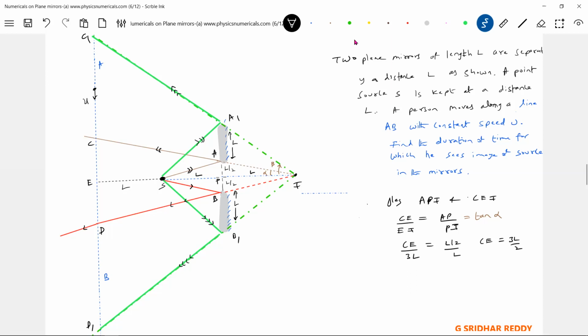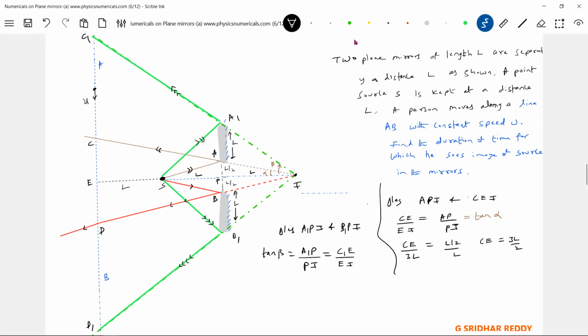So from these triangles, tan beta you can write as A1P by PI and C1E by EI.